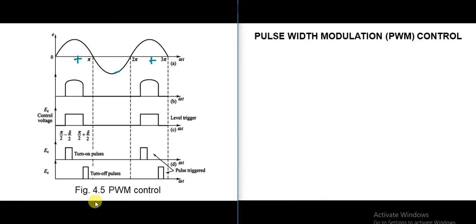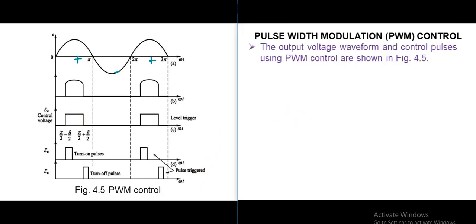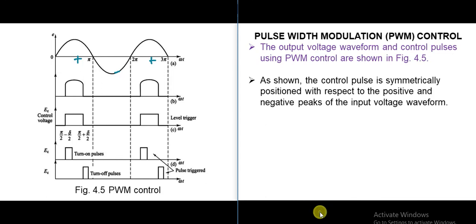Pulse width modulation means we will vary the pulse width. The output voltage waveform and control pulses are shown in this waveform.